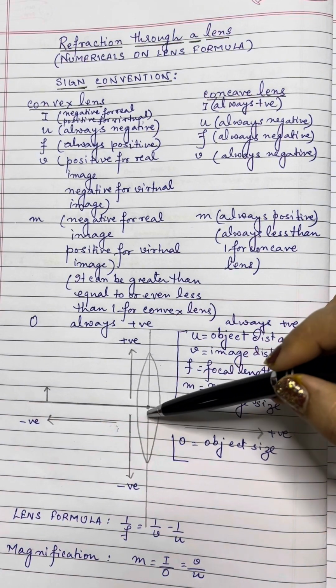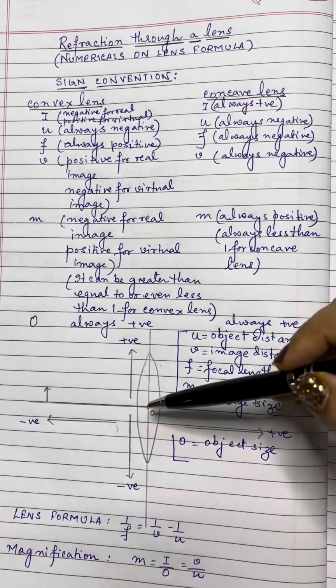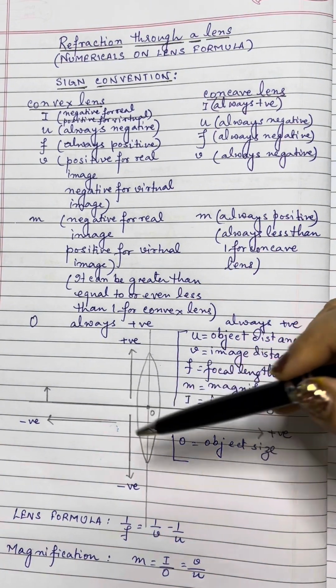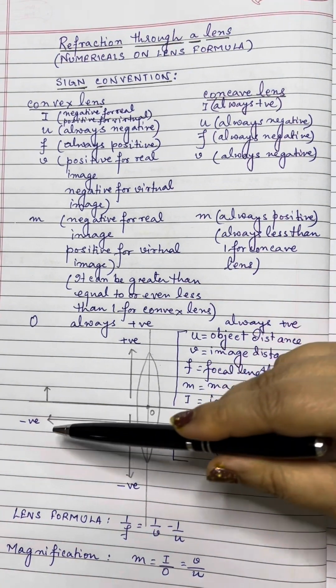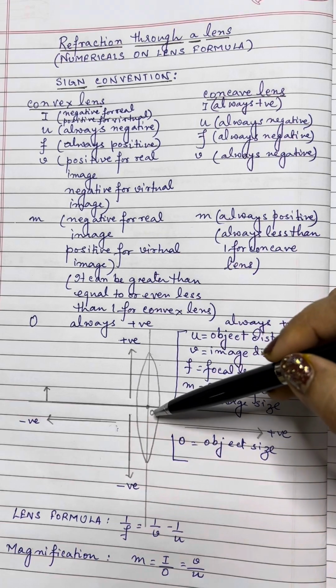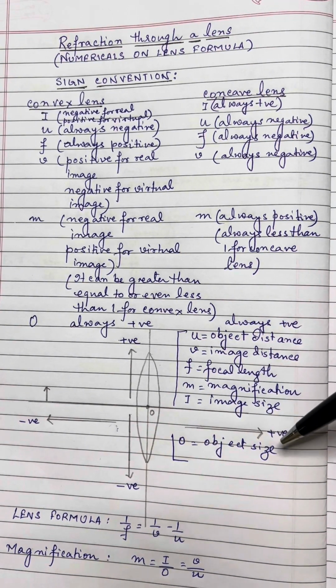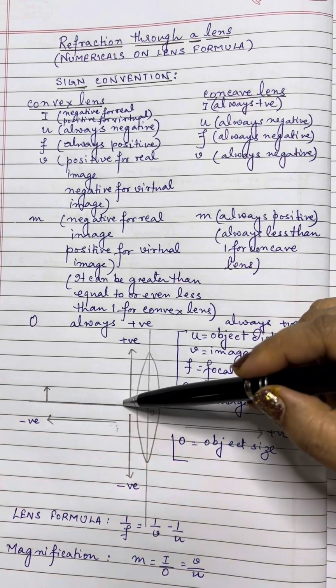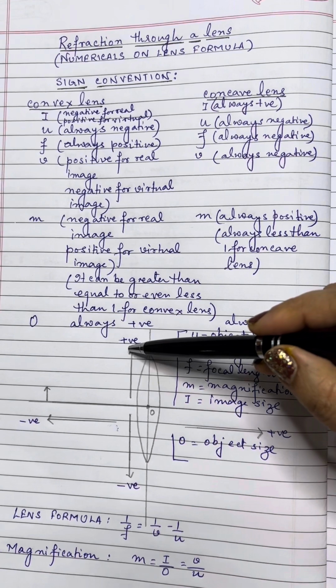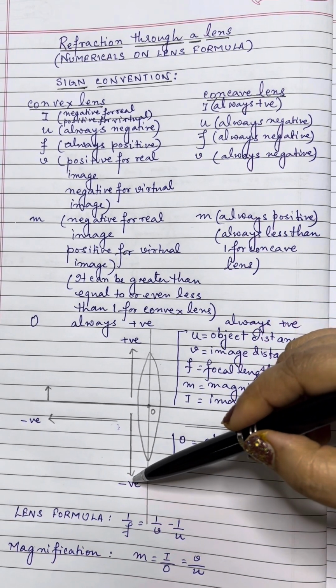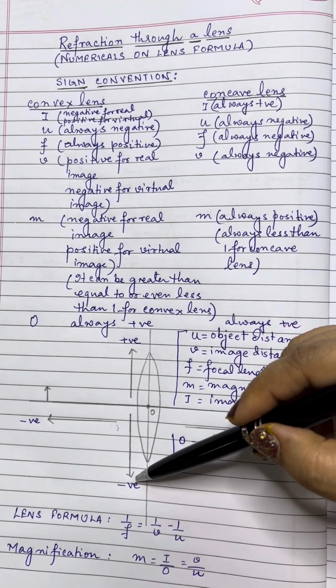Then the principal axis: anything left of the optical center is taken as negative, and any length on the right side of the optical center is taken as positive. Anything above the principal axis is positive, and any length below the principal axis is taken as negative.